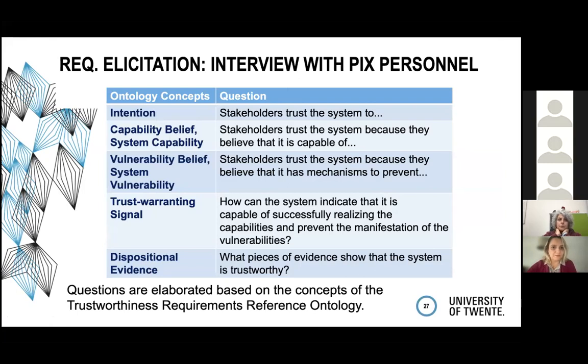To do what? The stakeholders trust the system because they believe that it is capable of what? Which capability does the stakeholder believe the system has? The stakeholder trusts the system because they believe that it has mechanisms to prevent which kind of vulnerabilities. So by understanding the concepts, then we know which questions we should ask, okay?